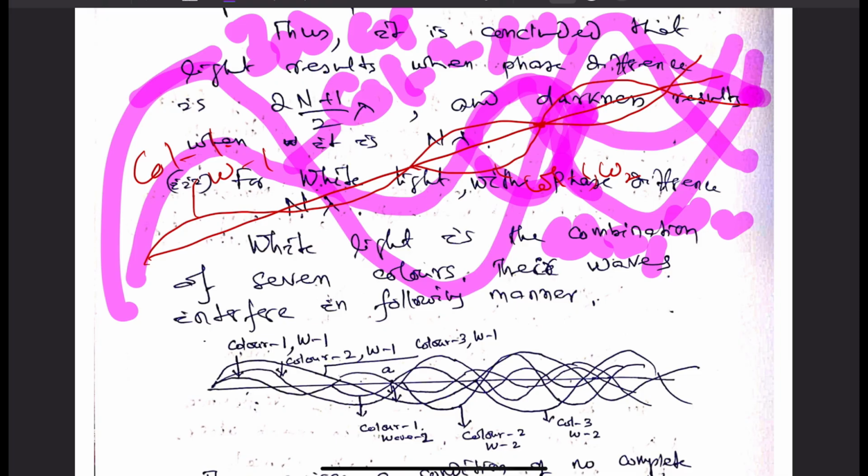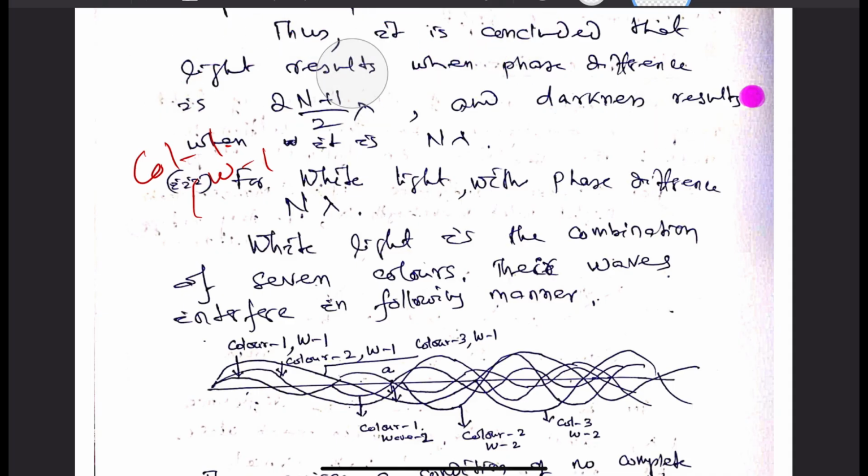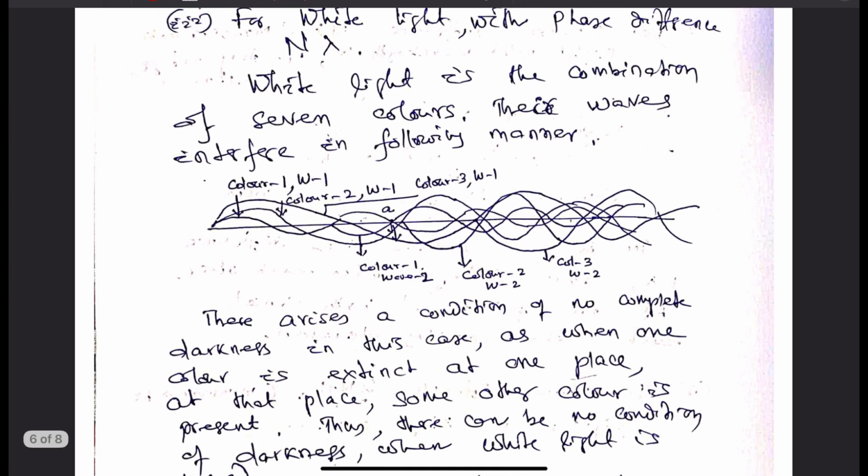Thus, you will not get a condition of total darkness. When one color is becoming extinct, its complementary colors are present there. That has been shown here in the form of color 1, color 2, color 3. When one color is extinct, the other color is present there, and we will never get a condition of darkness. So when you use white light, we will not get complete darkness.